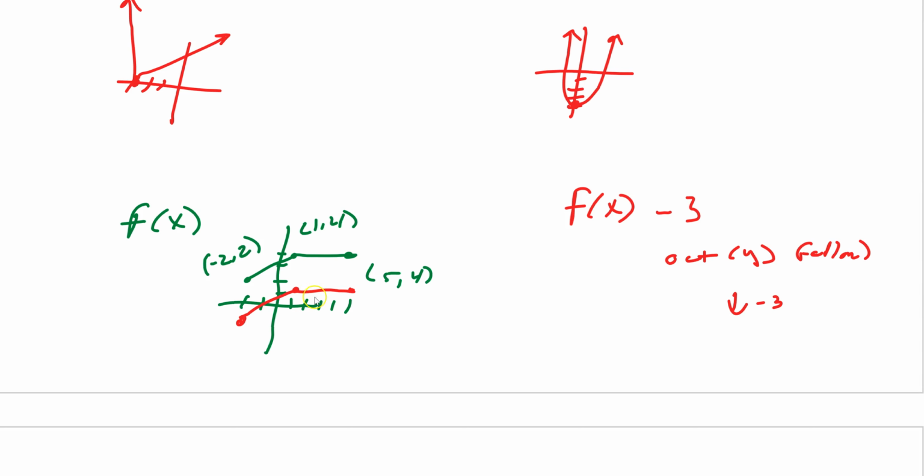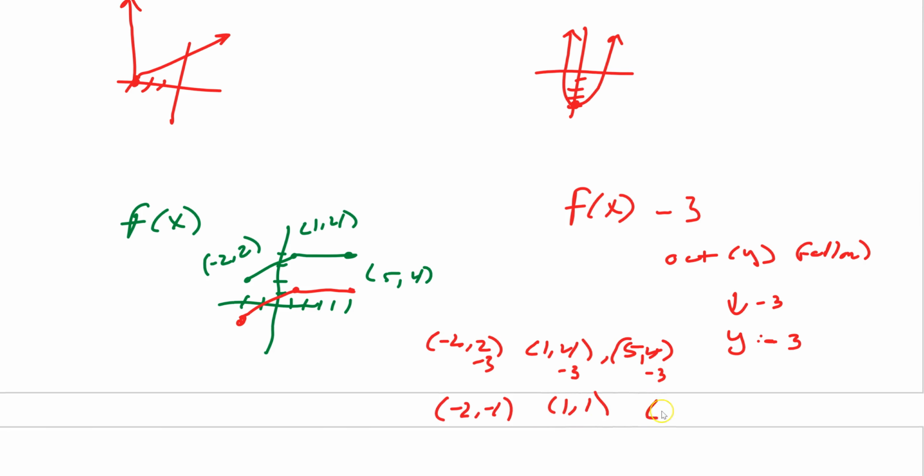Another thing you can do though, is get the actual points, right? So this thing's saying, hey, on my y, move it down 3. So if you get your points here, which are -2 and 2, 1 and 4, 5 and 4, if you just subtract 3 from all the y values, you get the points -2 and -1, 1 and 1, and 5 and 1.